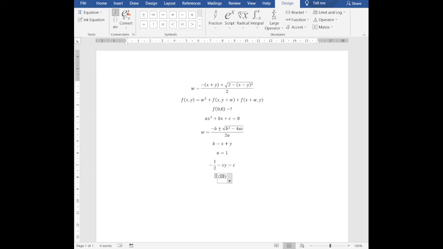So we're looking at an equation that looks something like w squared plus x plus y w minus a half xy.